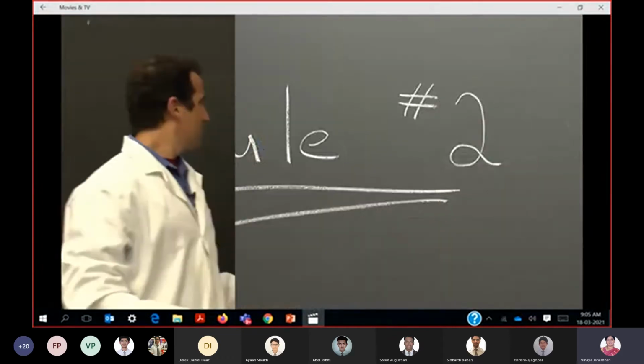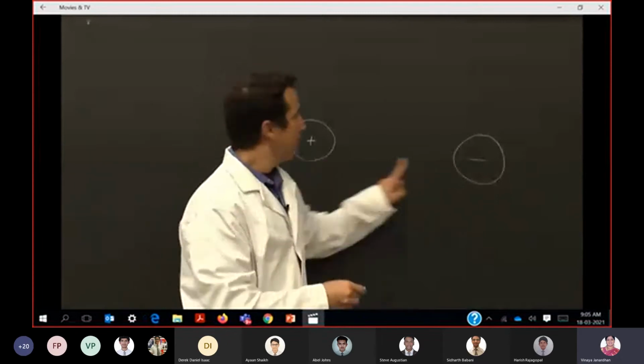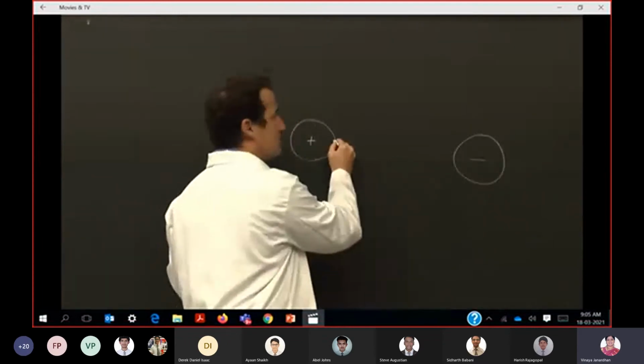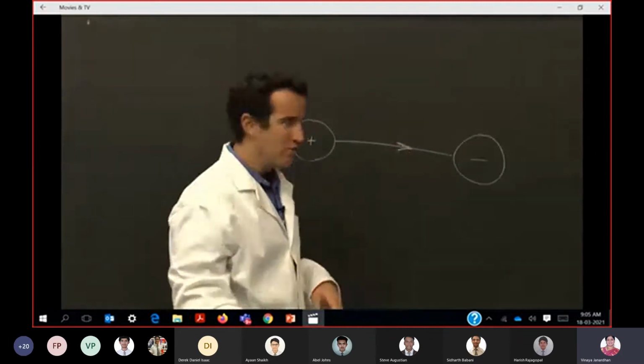Rule number 2. Electric field arrows point out of positive and into negative. But of course they do.